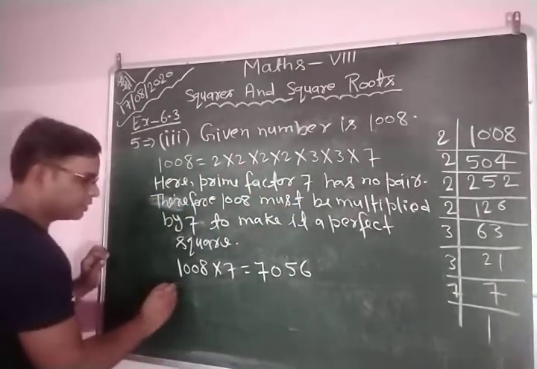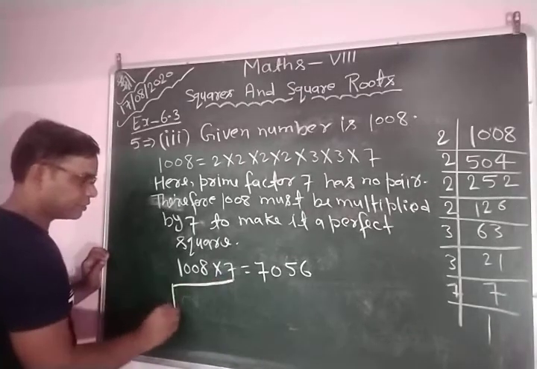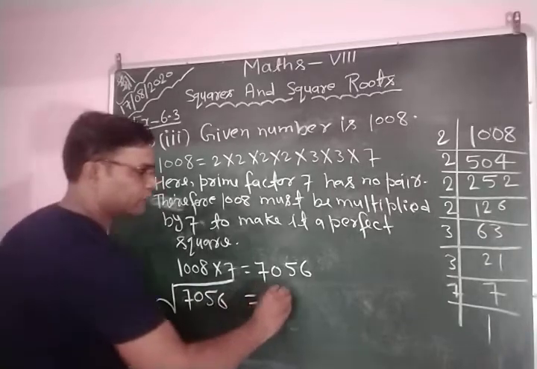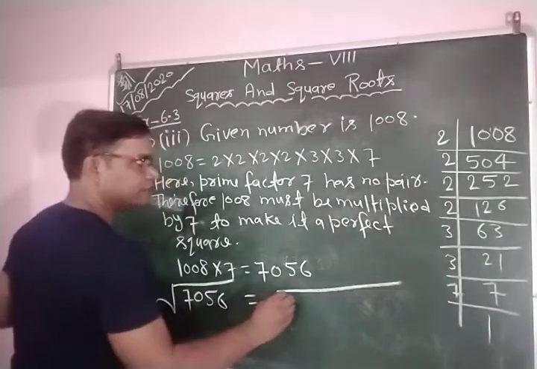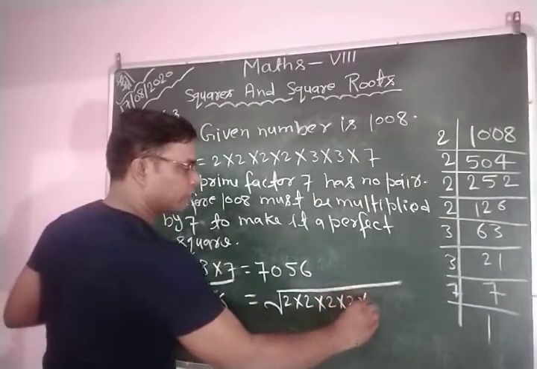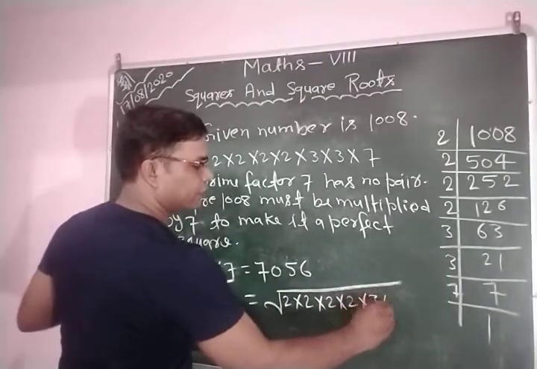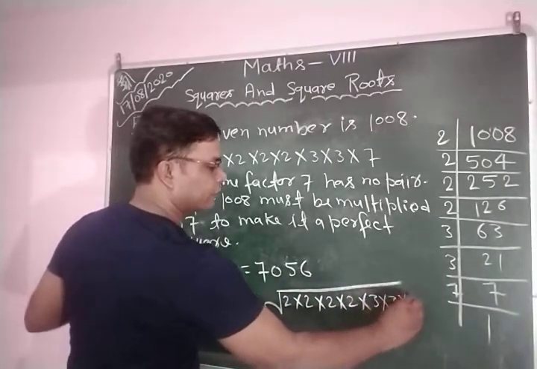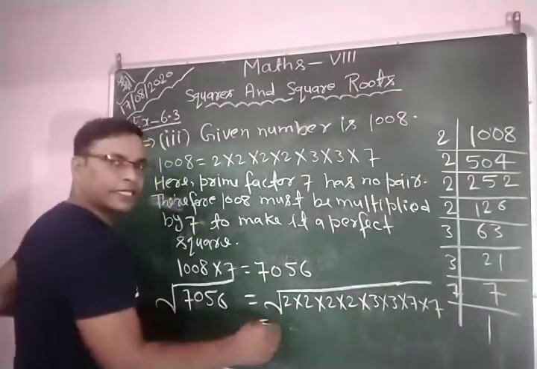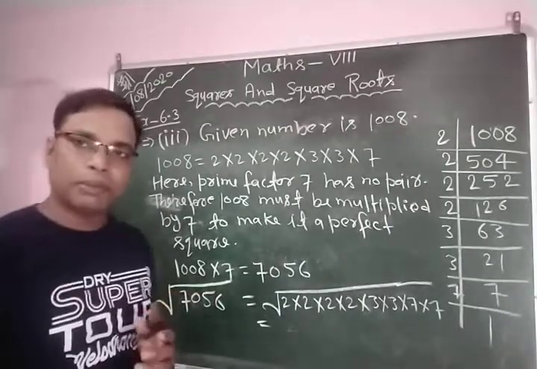So for this we write 7056, this is equal to 2 into 2 into 2 into 2 into 3 into 3 into 7 into 7. You can take one prime number from each pair.